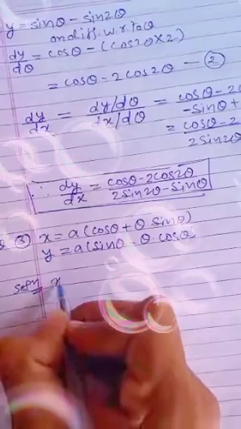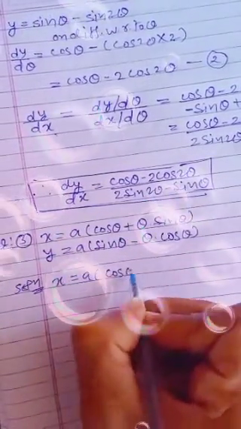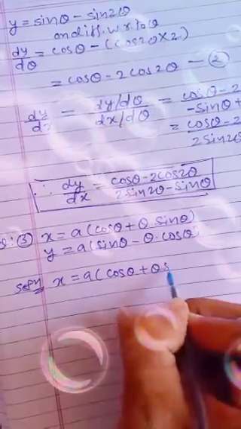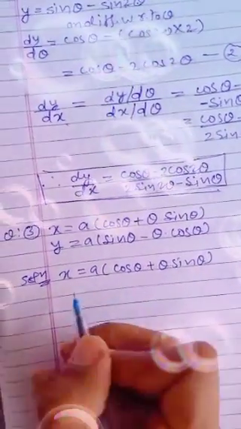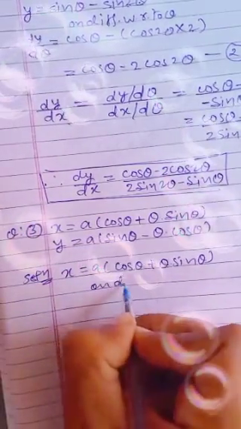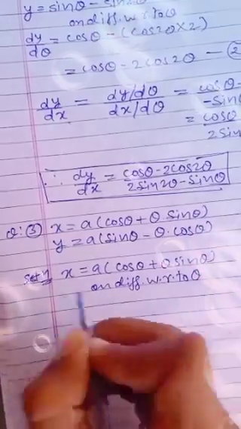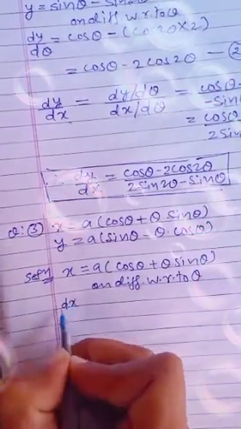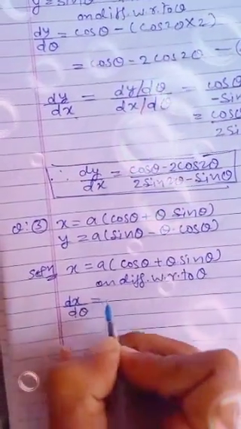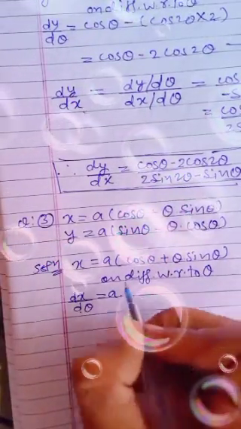First of all, take x is equal to a cos theta plus theta sin theta. Now, on differentiation with respect to theta, dx over d theta is equal to a, this is constant, it remains as it is.